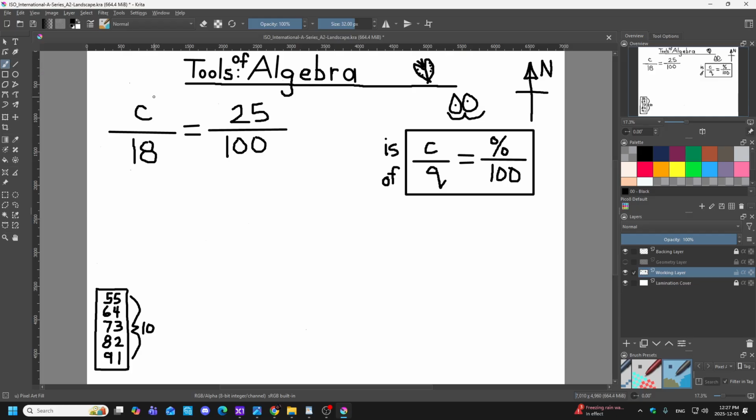Now that we have our setup, right? The setup is key. As long as you have the right values in the right place, you should come up with the correct answer. Cross multiply again. All right. So again, I'm going to put C on the left-hand side, so I can go 100C equals 18 times 25.